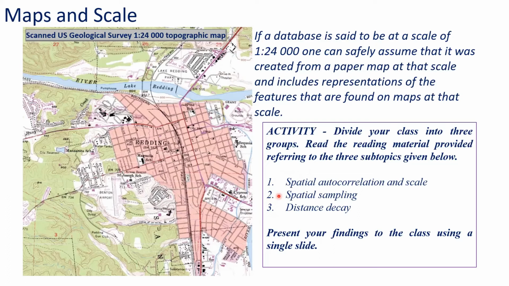I'll rename room 1 as spatial autocorrelation, and the second one as spatial sampling. And the third one, distance decay. Now join these groups and work together in groups.